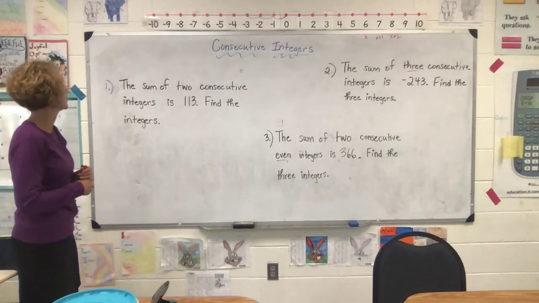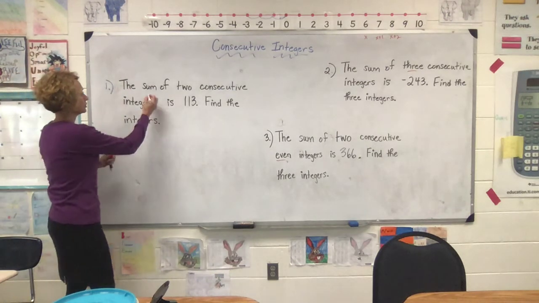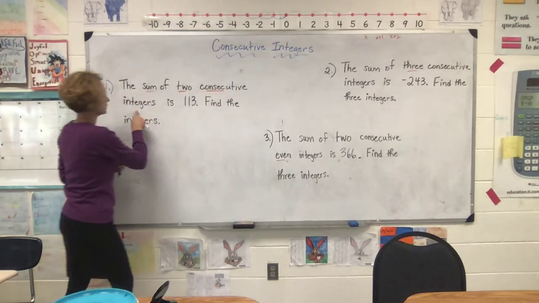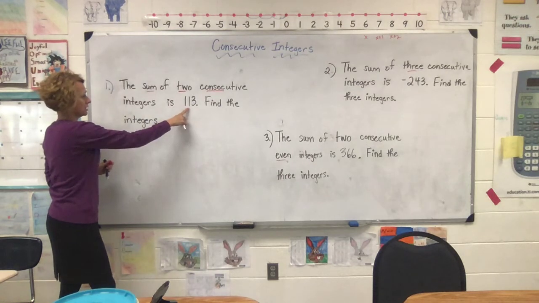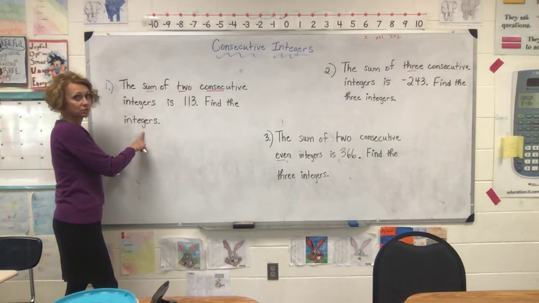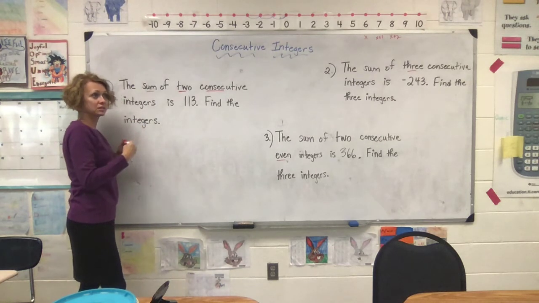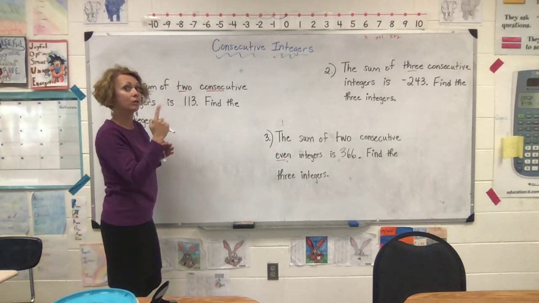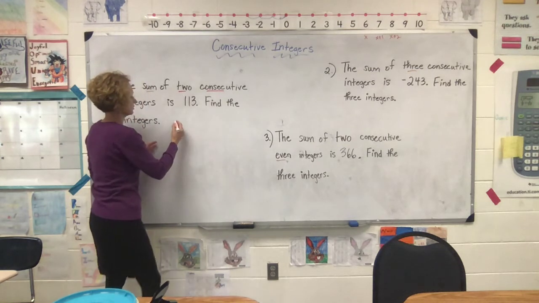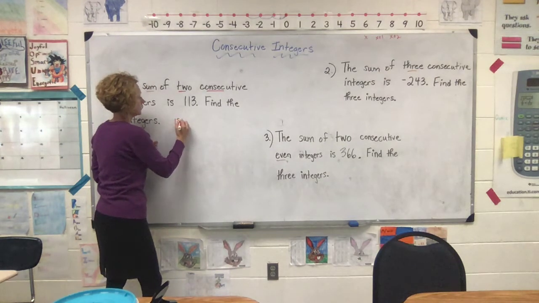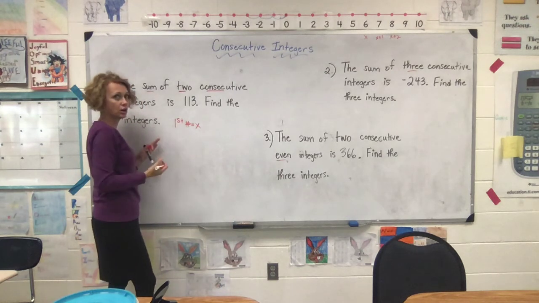So for number 1, it says the sum of two consecutive integers is 113. Find the integers. So I know these numbers are right in order, so one is going to be larger than the other by one value. I'm going to let an x represent my first number, the unknown.